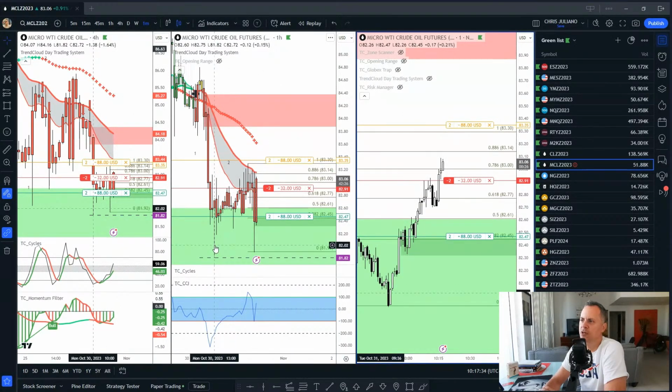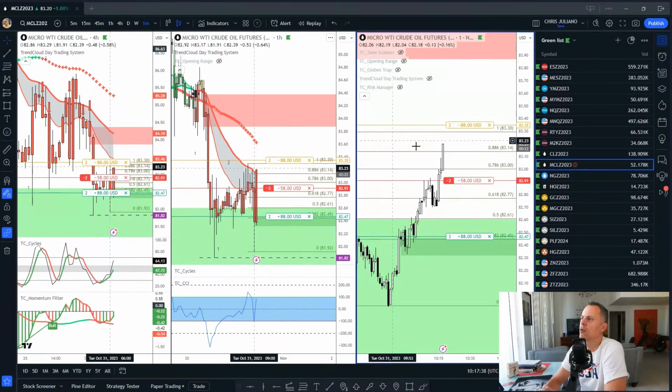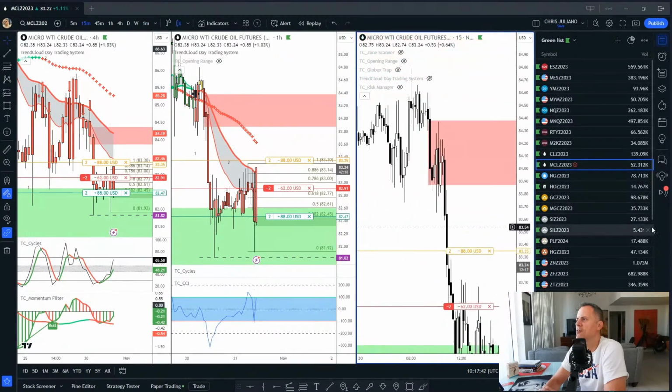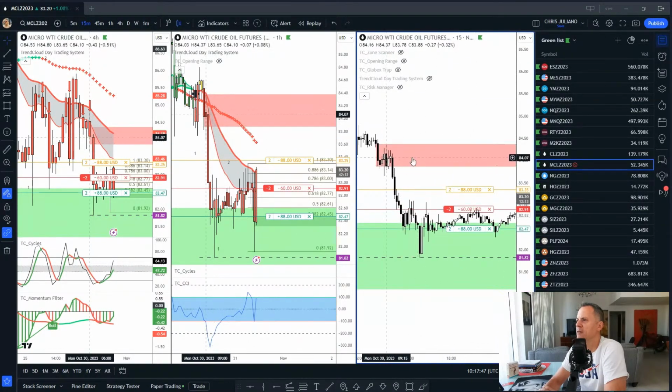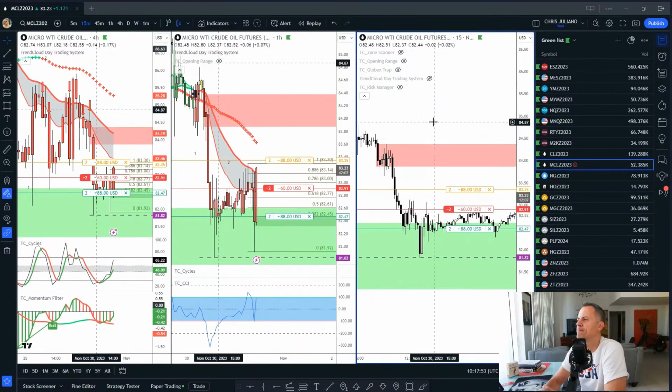Where's that corrective move going to end? Well, it could possibly end right here, or it could possibly end on this very nice zone right here. This is a much better zone. That's what this might want.